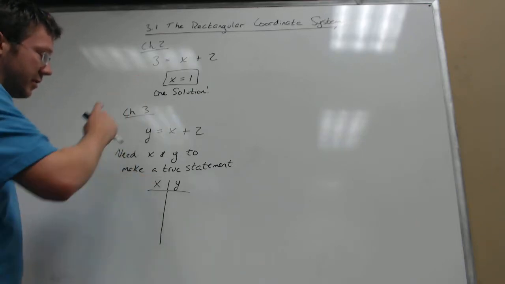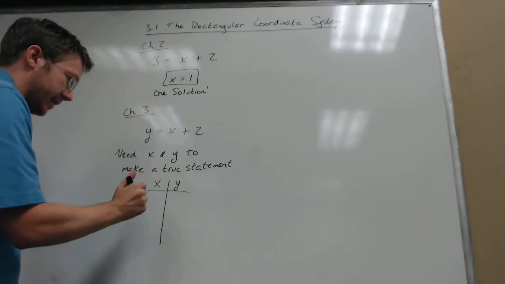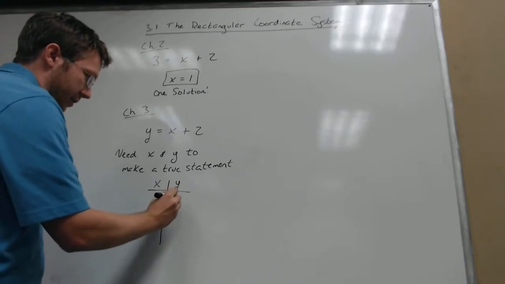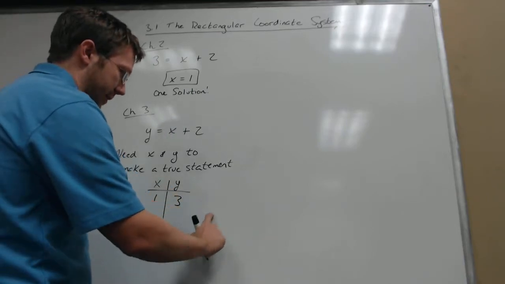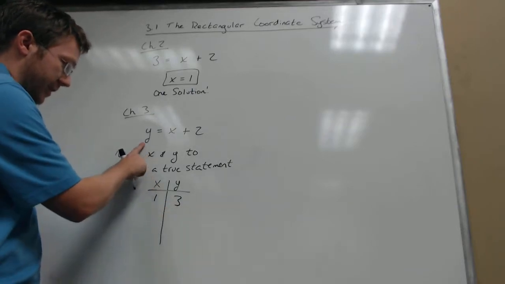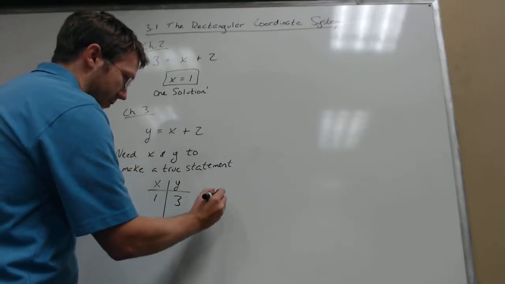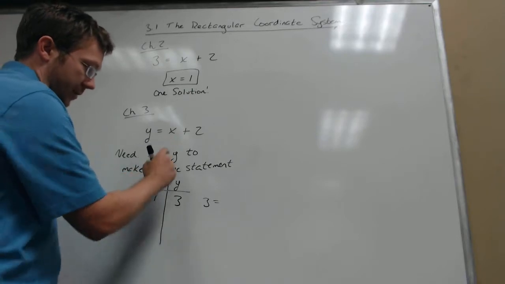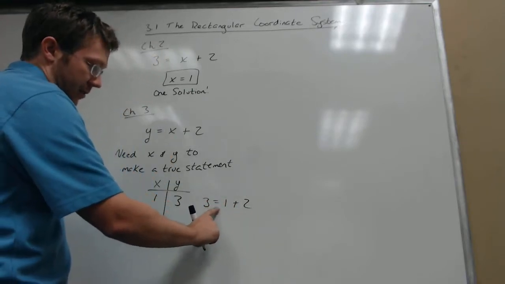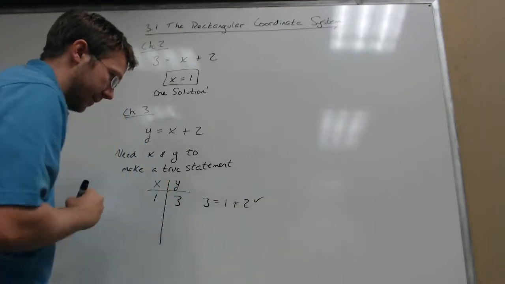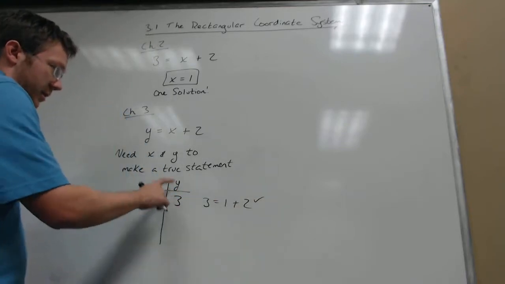All right, we can use the solution that we had up above. If x equals 1 and y equals 3, then we have a solution, and I'll just show it out over here. So if y equals 3 and we substitute it in, we have 3 equals 1 plus 2. All right, so now we can see that this statement, 3 equals 3, is a true statement. So this would be considered a solution to this equation.